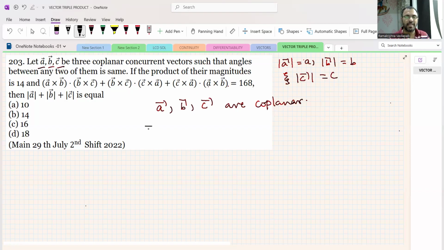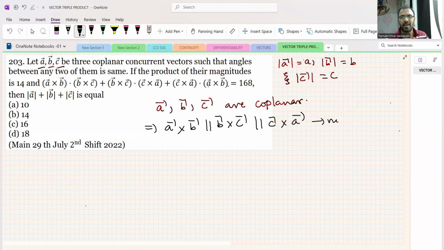You can say that the normal to the plane, A cross B is parallel, and B cross C is also parallel, and C cross A. These are all normal to the plane ABC.